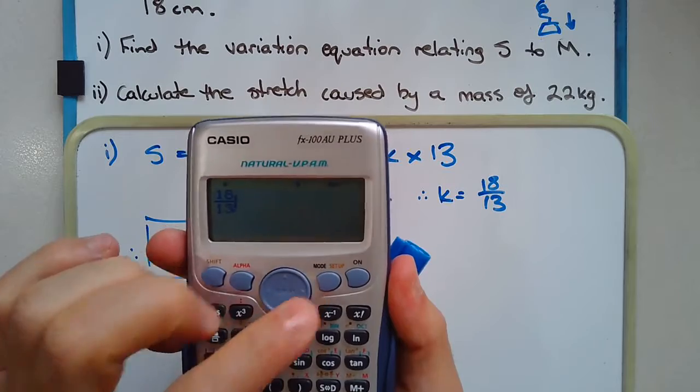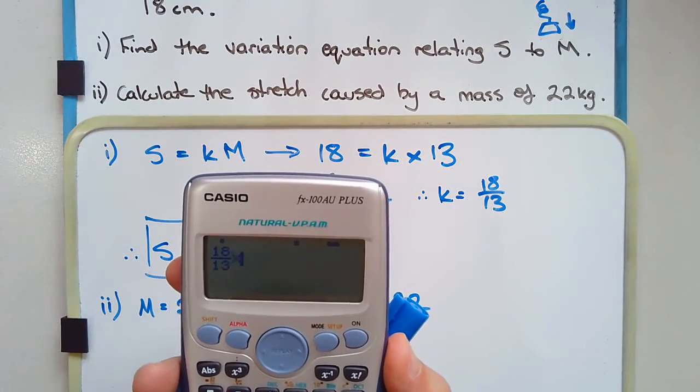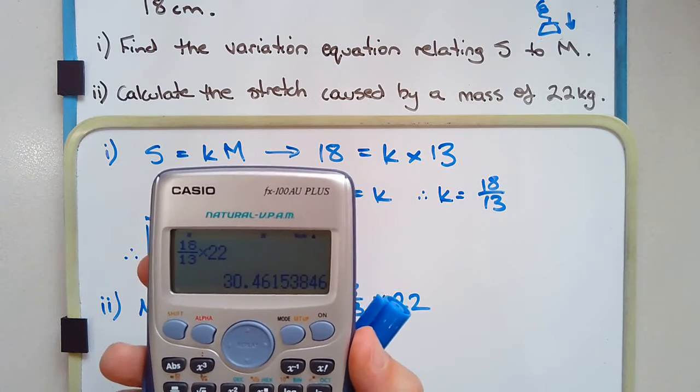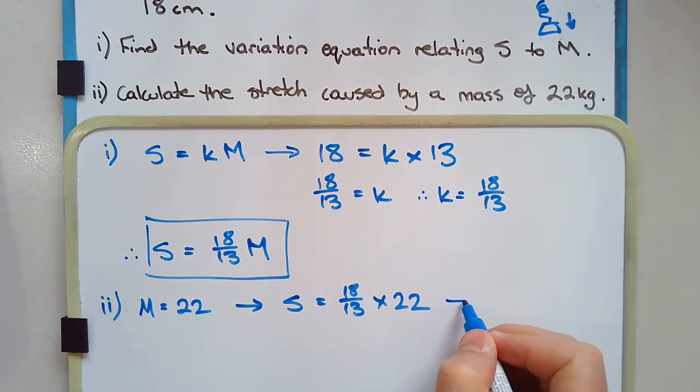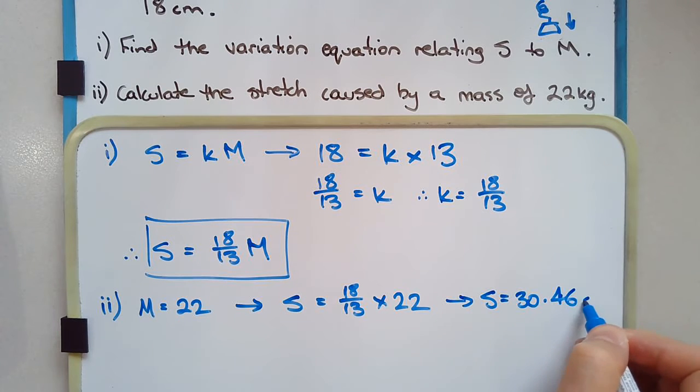Just enter that in. Hopefully you can see that. 18 on 13 multiplied by 22, and we get 30.46, to two decimal places.